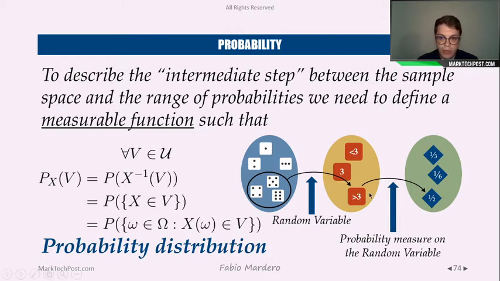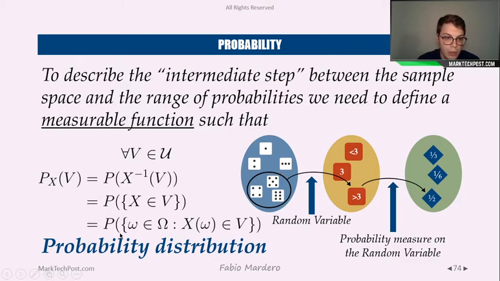We take V, for example, the concept of greater than 3, and we look back at which events cause, through the random variable, this output, and then we compute the probability of these events, these omegas.